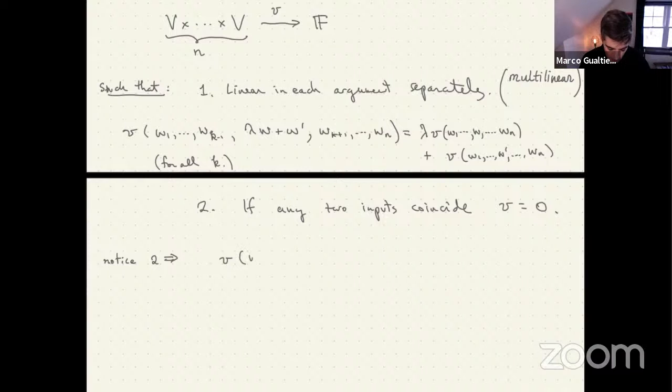Let's say that I have W1, and at some point I have Wi, and then at some other point, for i less than j, I get another Wj, and I continue all the way to Wn.